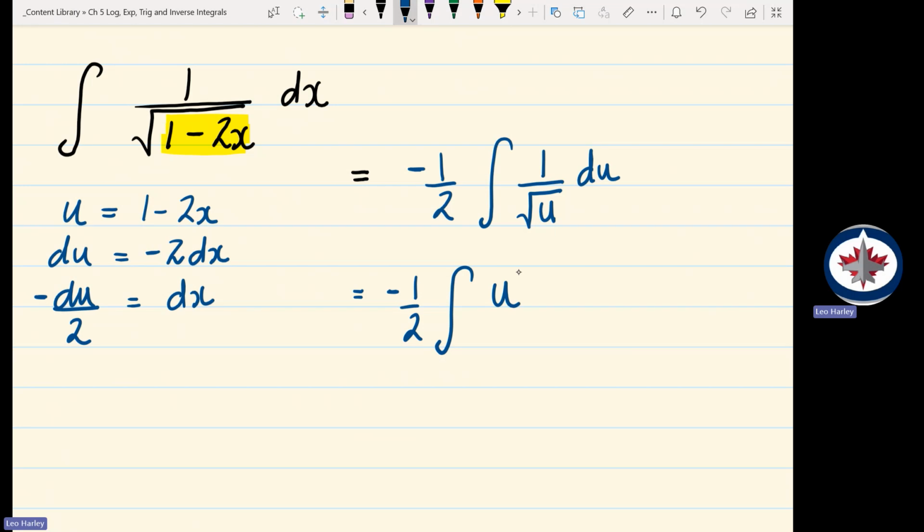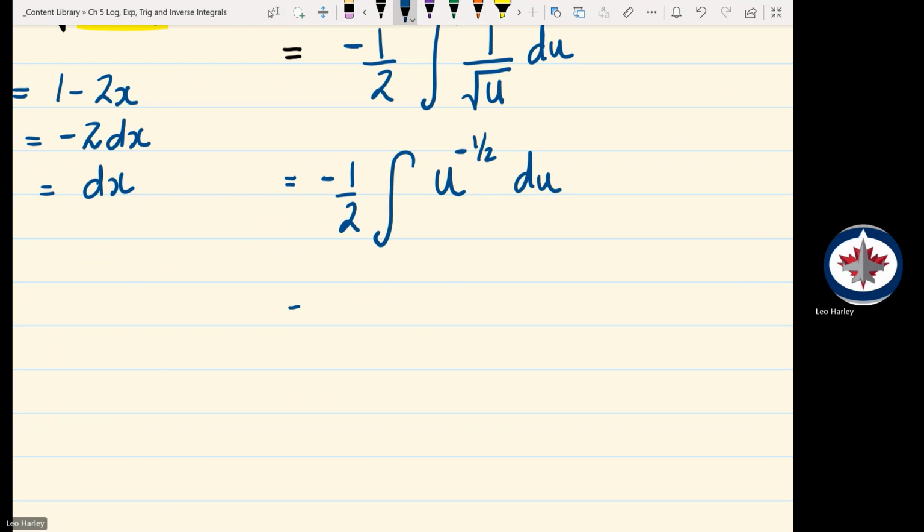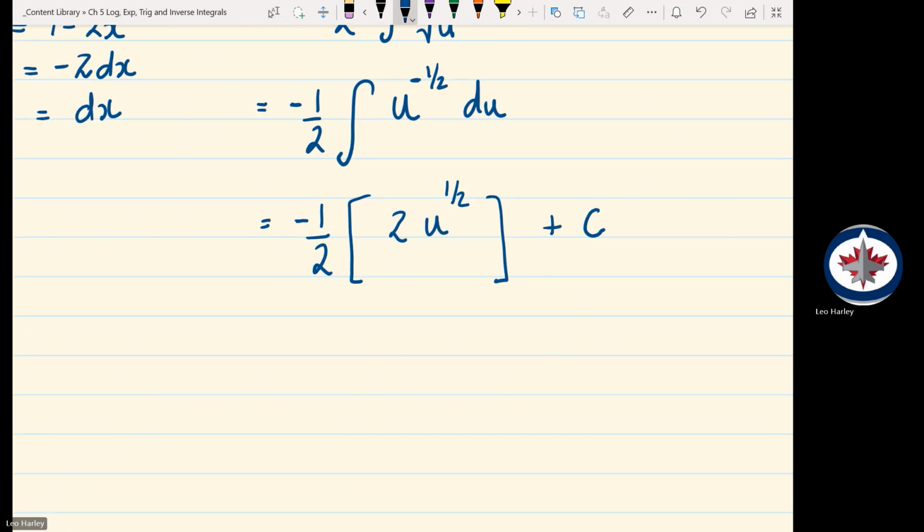Just write it as u to the -1/2 du. So minus the square root, as the 2's cancel, of 1 minus 2x plus c.